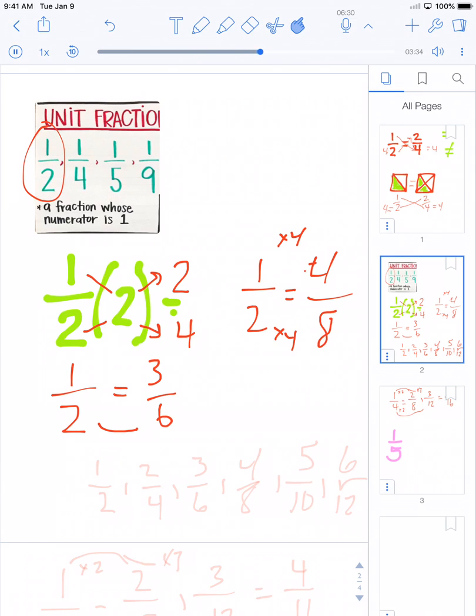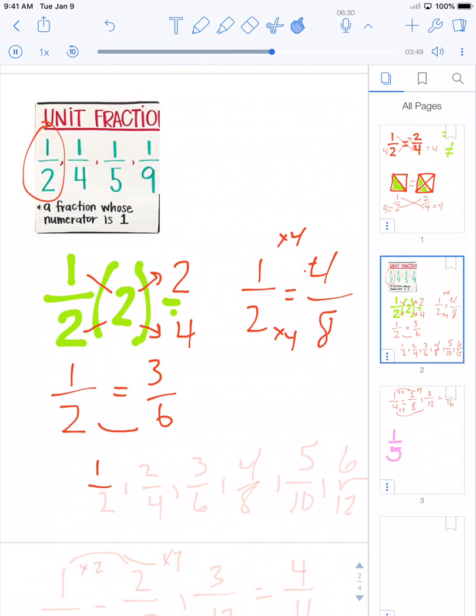So all of these fractions are equivalent. 1/2 is equal to 3/6 and 4/8. What it would end up looking like if I just kind of went out like this, just to show you what the pattern ends up looking like. It looks more like this.